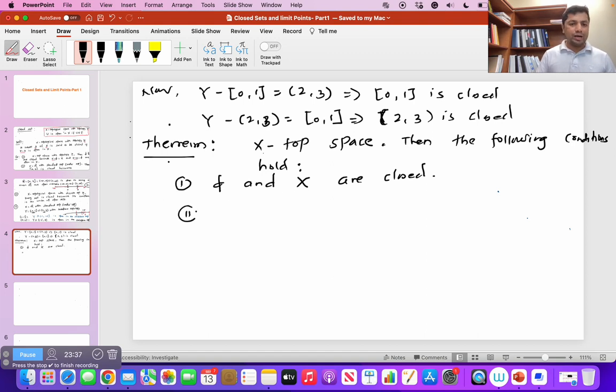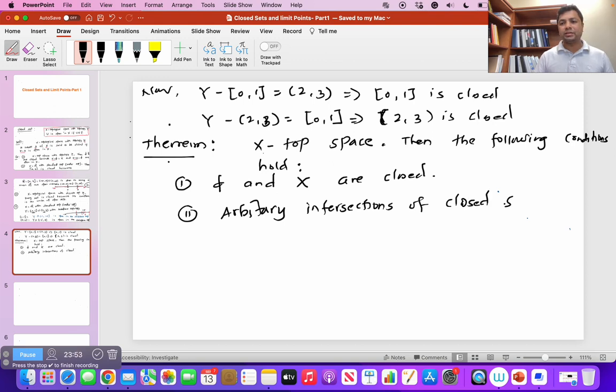And the second condition is arbitrary intersections of closed sets are closed.